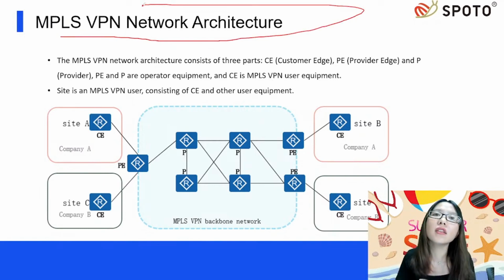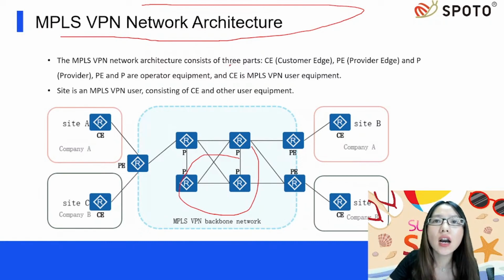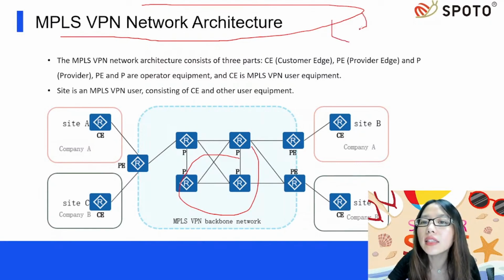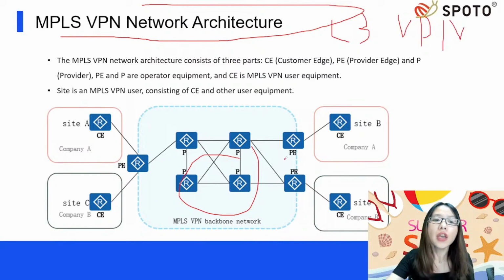MPLS VPN uses BGP to advertise VPN routes on the carrier backbone network IP network, and uses MPLS to forward VPN packets on the carrier backbone network. So it's a common Layer 3 VPN technology. You can see the network architecture.